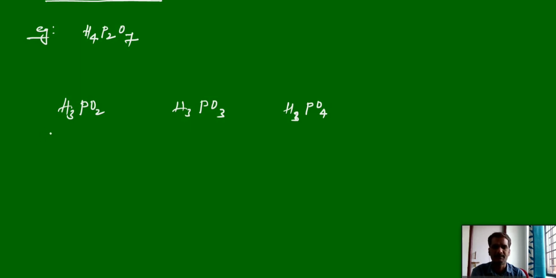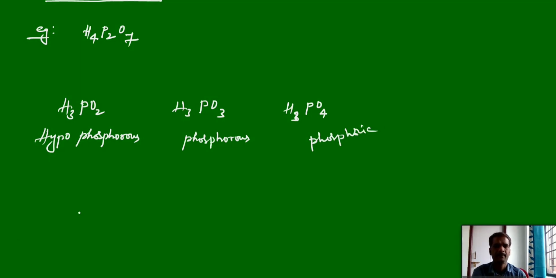H3PO2 means hypophosphorus acid. The name of this compound is hypophosphorus. And H3PO3 phosphorus acid. And H3PO4 means phosphoric acid. This is the name of these compounds.